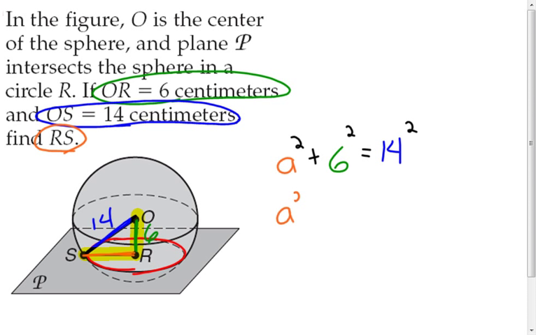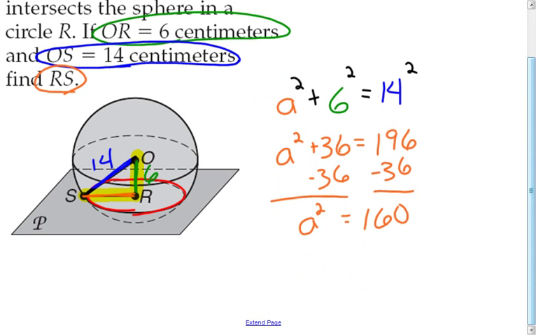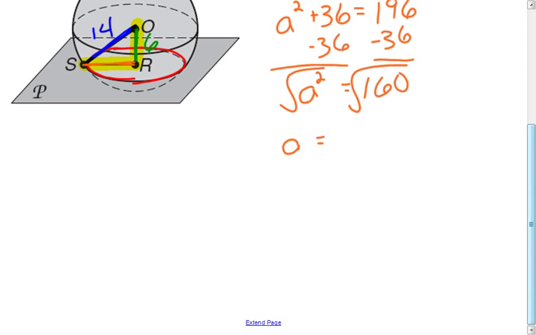I'm going to have a squared plus 36 equal to 196. Now if I subtract 36 from both sides, I find out that a squared equals 160. And as I continue on, I'm going to take the square root of both sides. I'm going to find out that a equals, now remember, don't forget we're going to have the plus or minus.